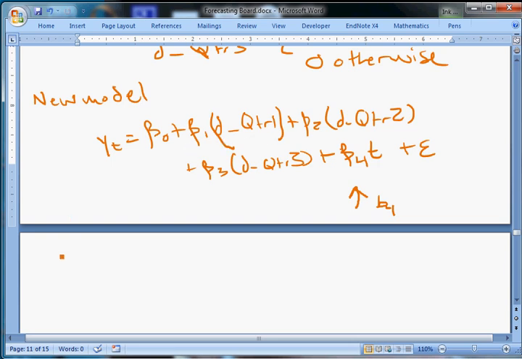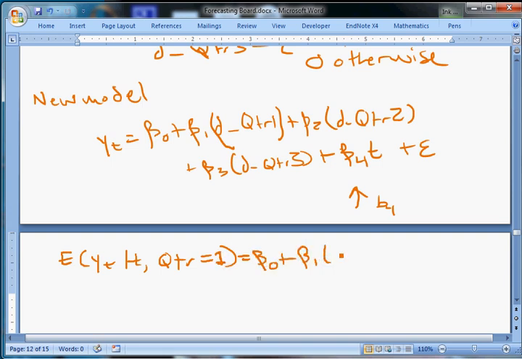How do we interpret this stuff? Well, what do we get for the expected value of Y_t given T and quarter equals 1? That's going to be beta 0 plus beta 1 times 1 plus beta 2 times 0 plus beta 3 times 0 plus beta 4 times T, and the expected value gets rid of epsilon as well.